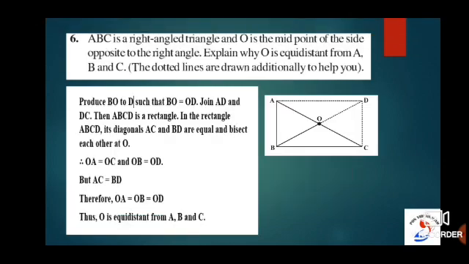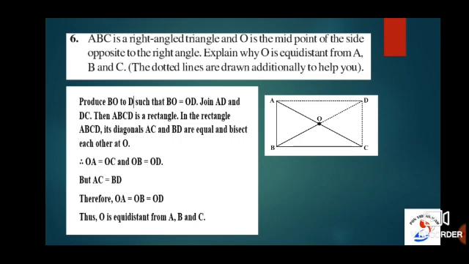The last problem for the exercise. ABC is a right angle triangle and O is the midpoint of the side opposite to the right angle. Explain why O is equidistant from A, B and C.